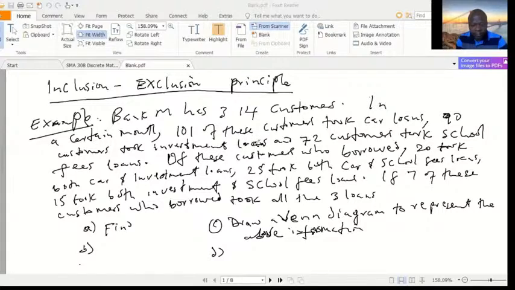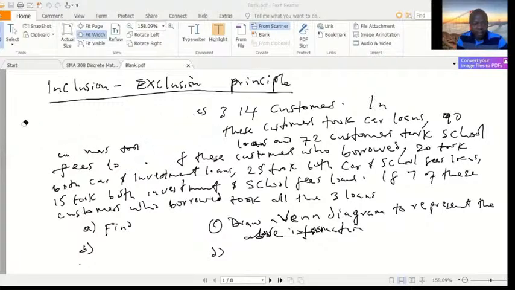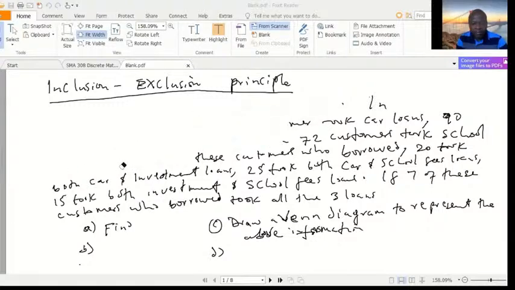And those who took school fees loans was 72. And then we have those who took each 2 loans, and those who took all the 3 loans, and then those who did not take. So let's now answer the question. Let me get some space here for the answer.